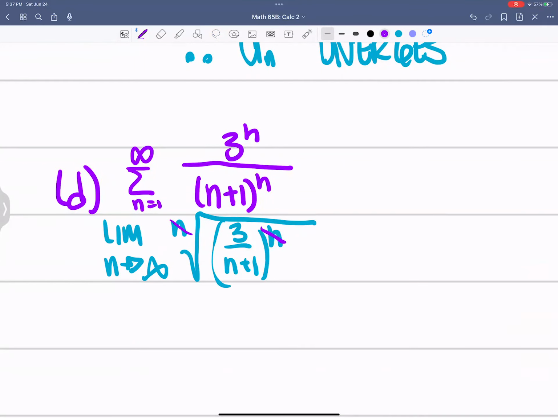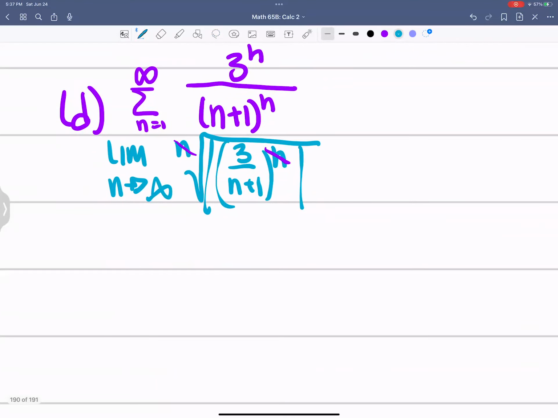Okay, so we have that, those two simplify. Oh, and we had the absolute value of whatever that is. We don't have to worry about that, because everything here is going to end up being positive. So we would just leave it as this. So now let's continue. The limit as n approaches infinity of 3 over n plus 1.